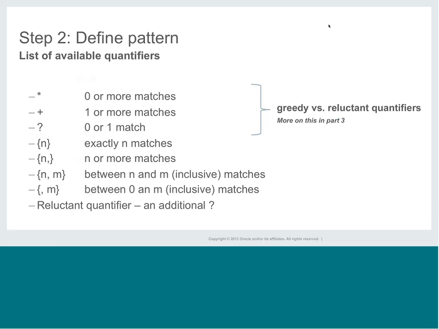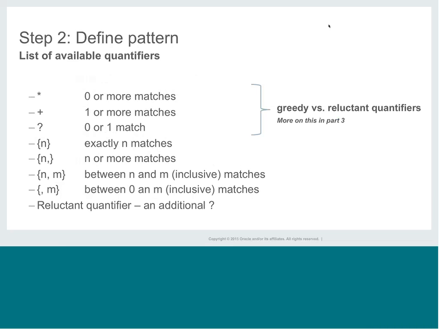If you use Perl and regular expressions, these quantifiers will be familiar to you. The key ones really relate to the first 3, where we get into this area of greedy versus reluctant quantifiers. The first 3 are very, very powerful because they have no endpoints in effect.